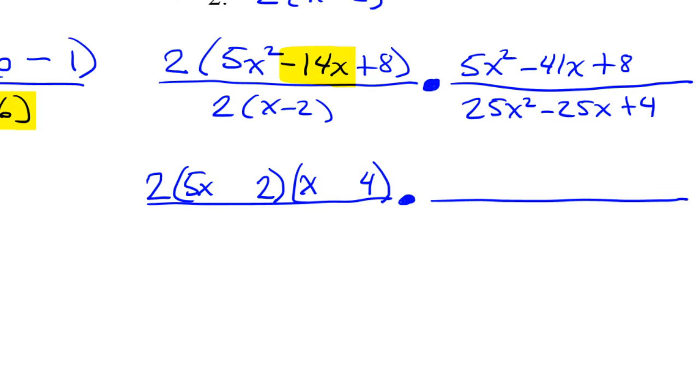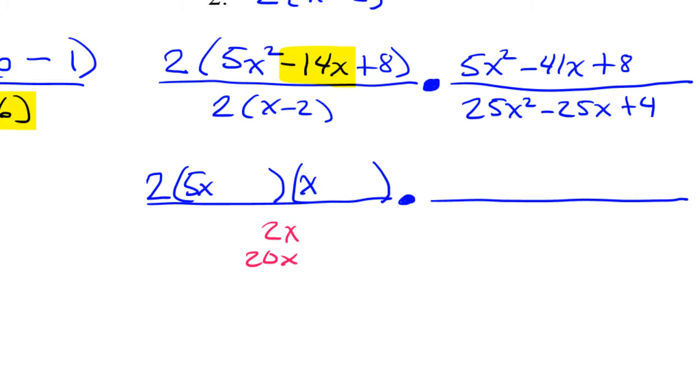Inner plus outer equals middle, and we're shooting for negative 14. Inner, I have 2x. Outer, I have 20x. Can I pick the signs in such a way that I get negative 14? No, I could get negative 18, but not negative 14.